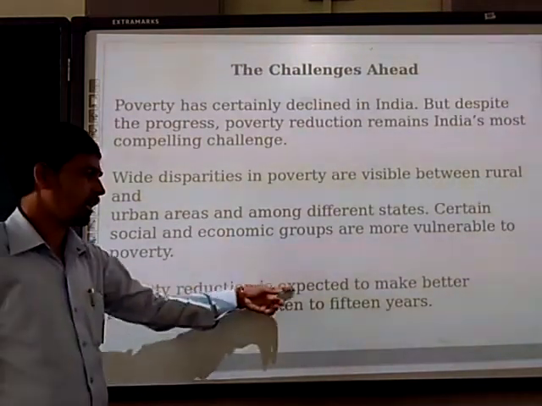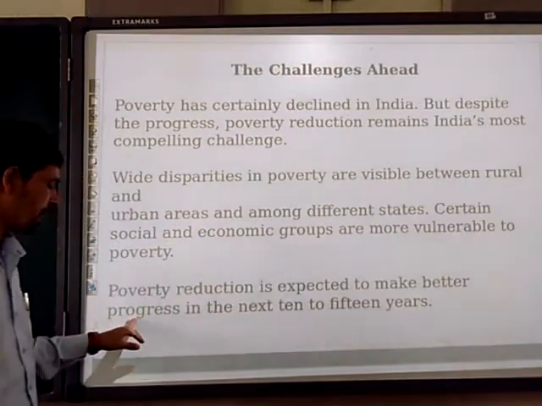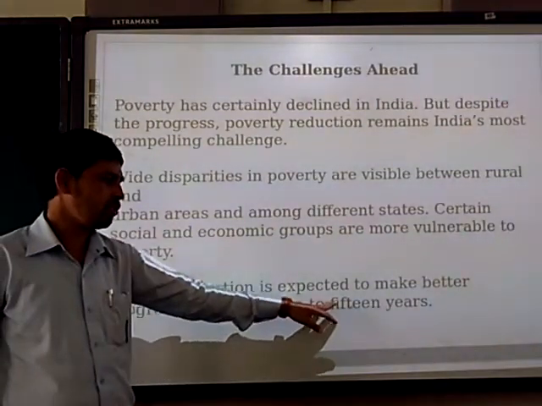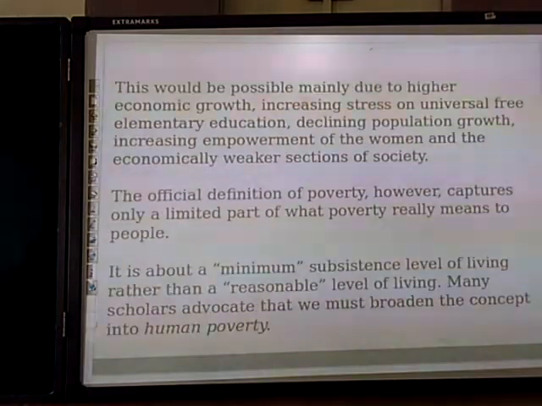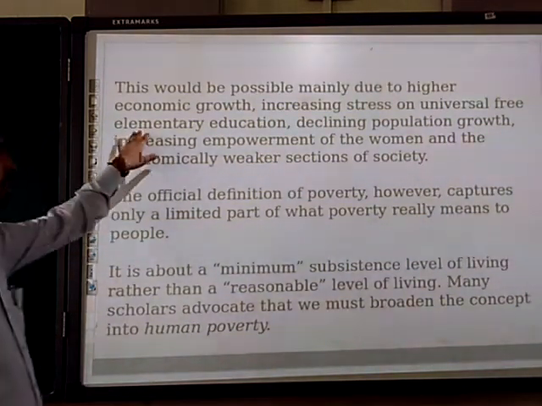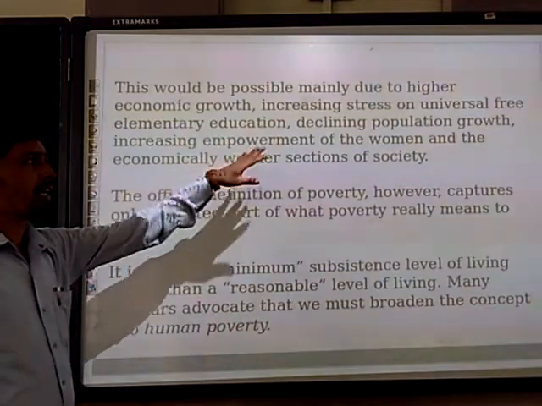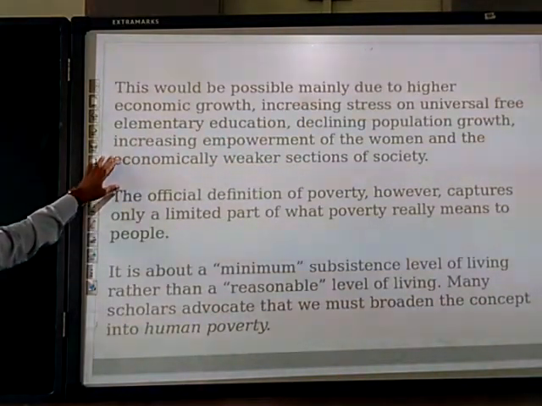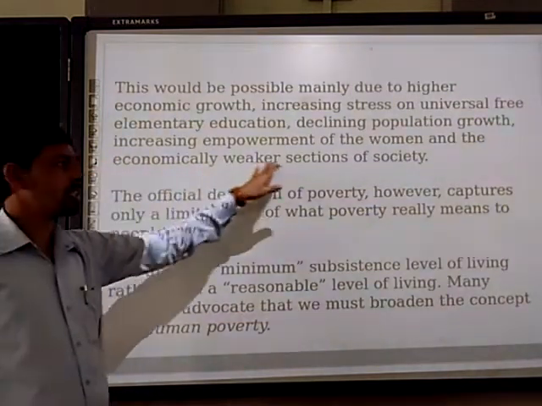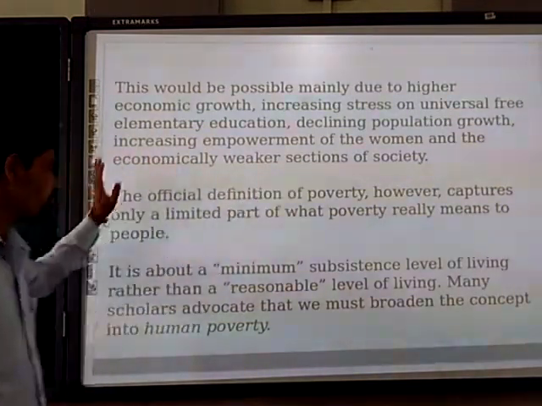Poverty reduction is expected to make better progress in the next 10 to 15 years. This would be possible mainly due to higher economic growth, increasing stress on universal free elementary education, declining population growth, and increasing empowerment of women and economically weaker sections of society.